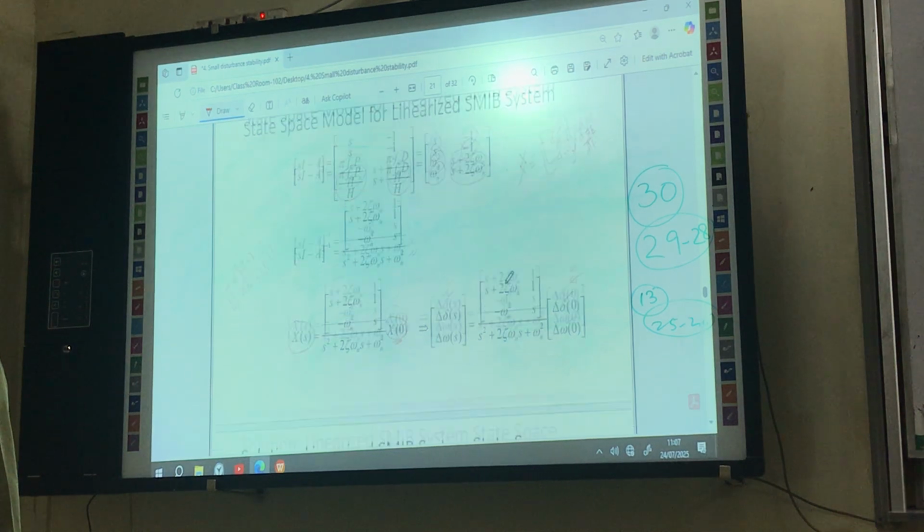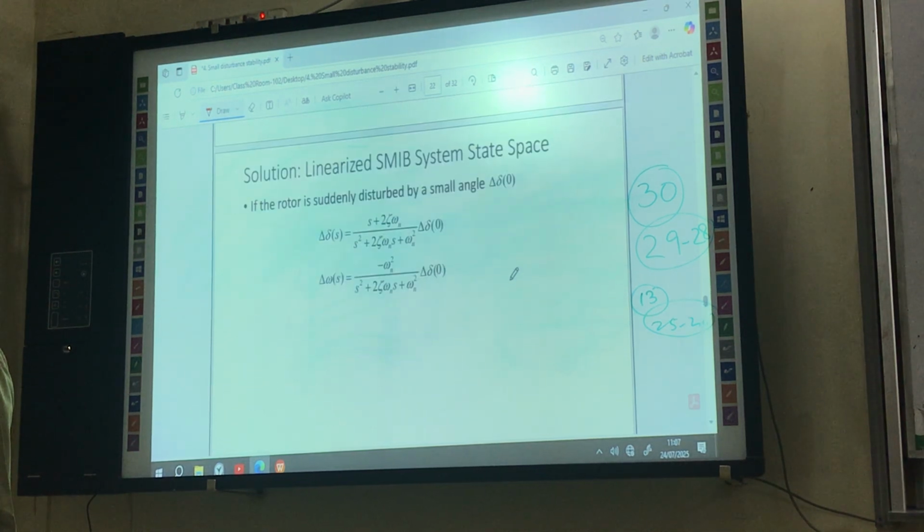For this case, as we are discussing the small disturbance stability, we are applying some disturbance in the rotor angle, right? And that will be experienced by this del delta. So we can say that the rotor is suddenly disturbed by a small angle, so we will have some non-zero del delta at the initial stage. So this is the initial condition.